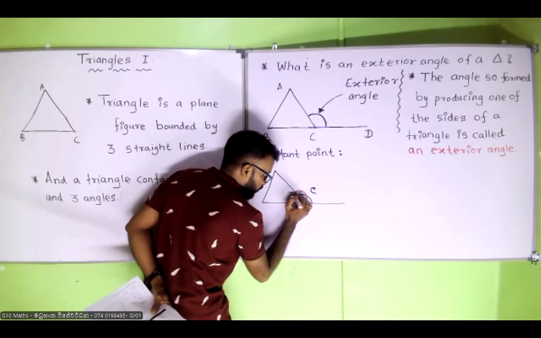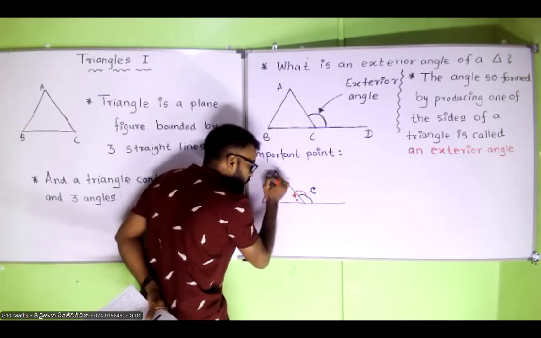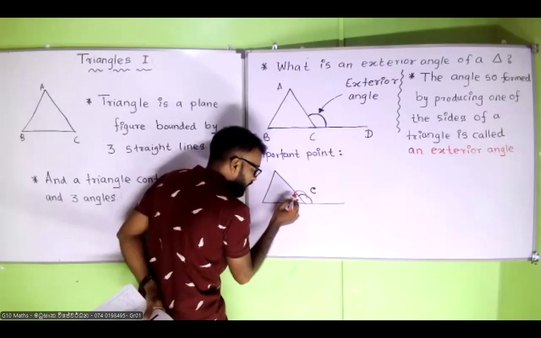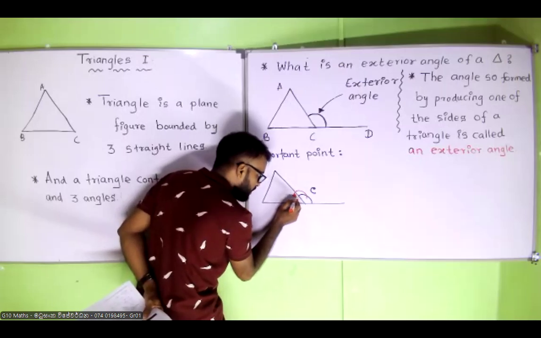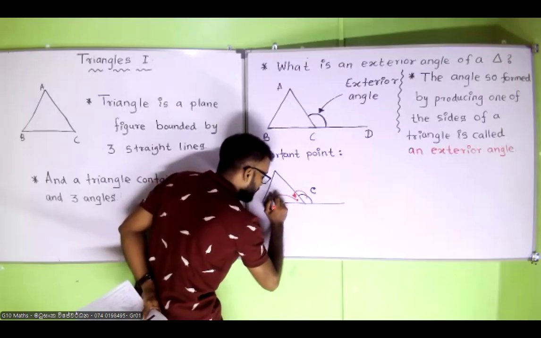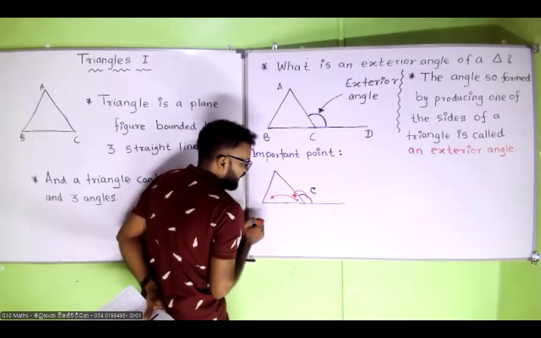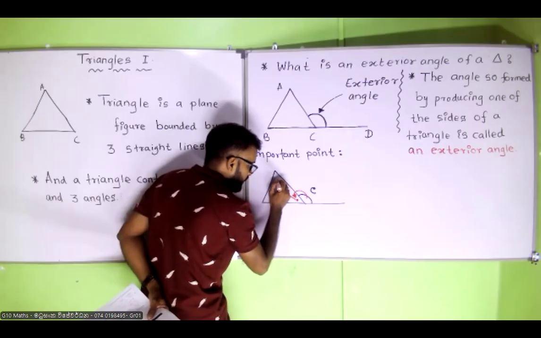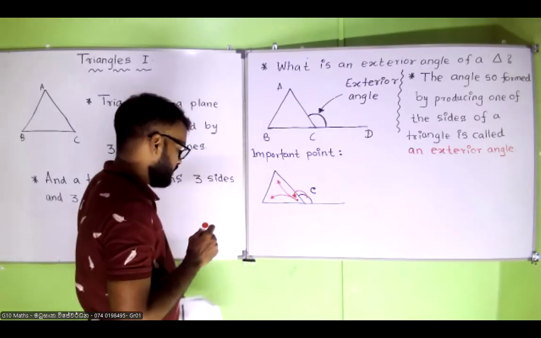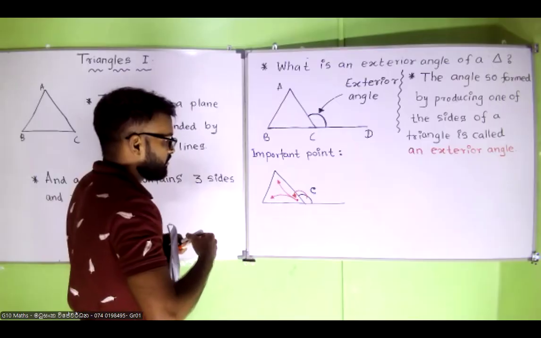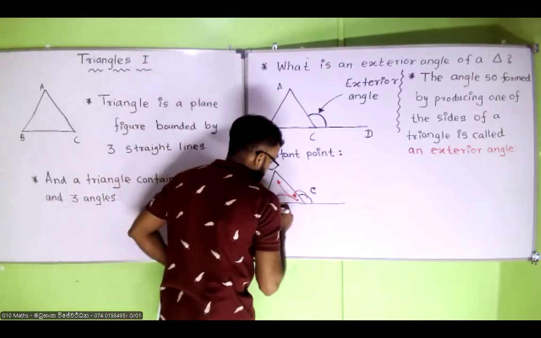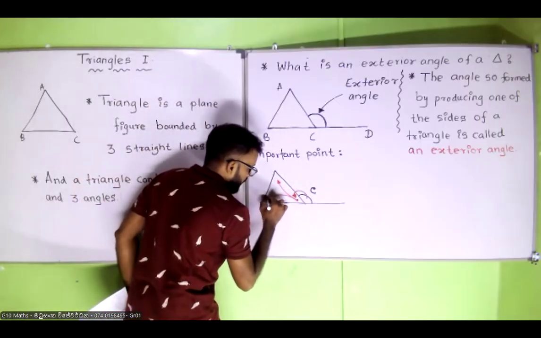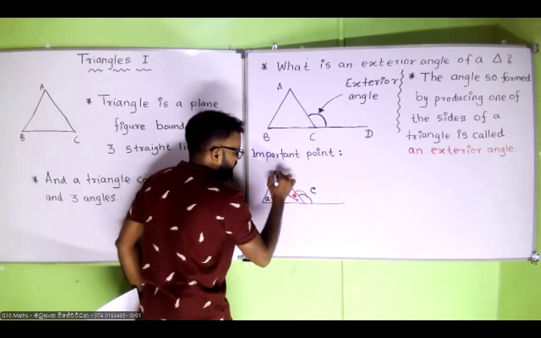Then how am I going to identify the opposite two interior angles for this one? From here to here, this is one of my opposite interior angles. This is the other opposite interior angle. So I would name this A and this is B.